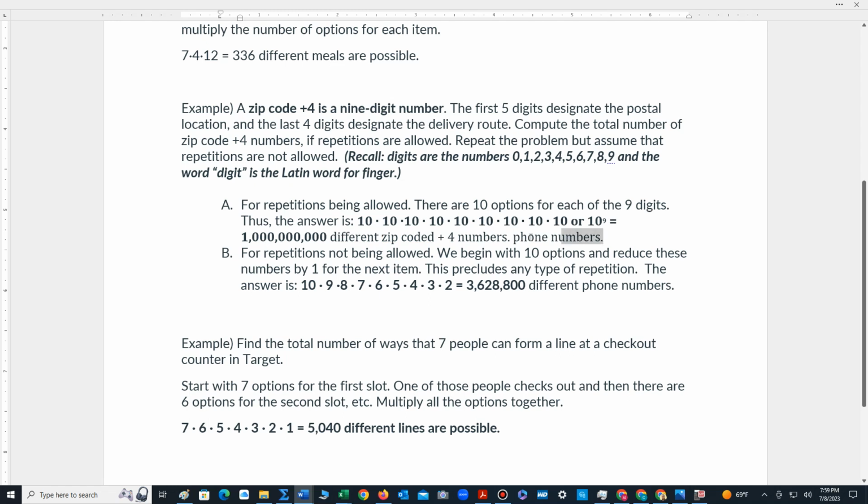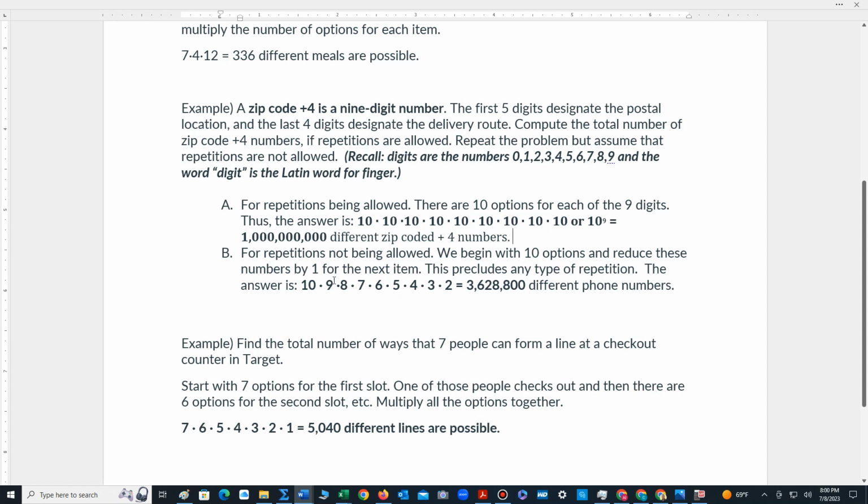Okay, so for repetitions not being allowed, that means we cannot reuse digits. So when we work out this problem, we begin with 10 options for the first digit, but remember, one of these digits cannot be used again because we're going to pick one to be in this position. So that means for the next option, you only have 9 options.